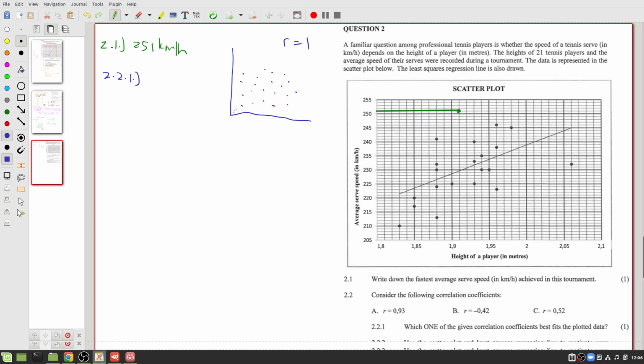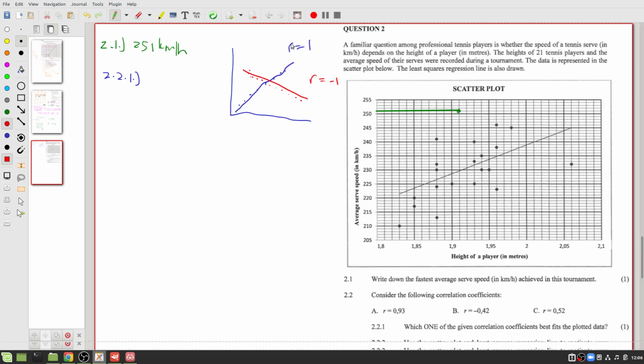A perfect correlation is 1. So, actually, let's just redraw this quickly. Just back to the first one, if we've got something like that, so the line goes up and it crosses perfectly, that's a perfect correlation of 1. If we had a line like that, going down, that would be an R of -1.